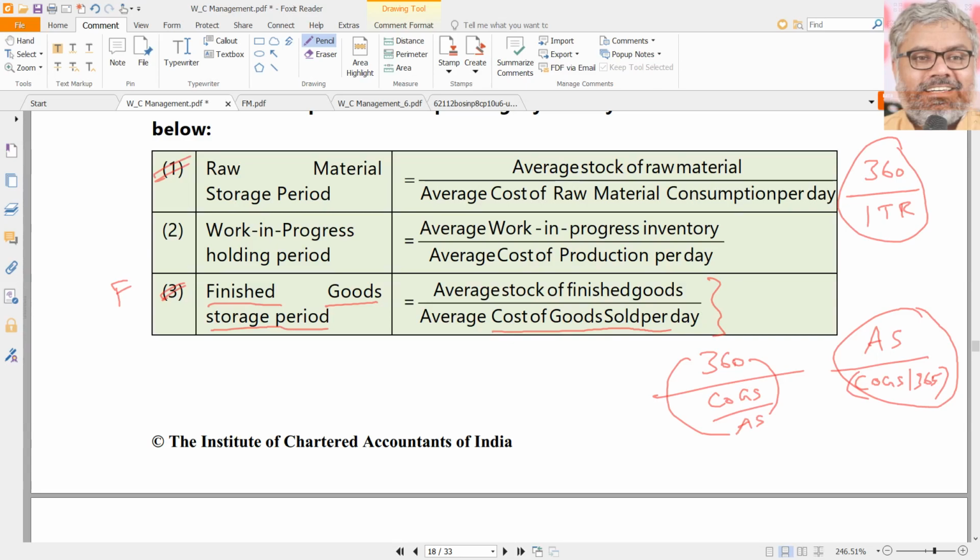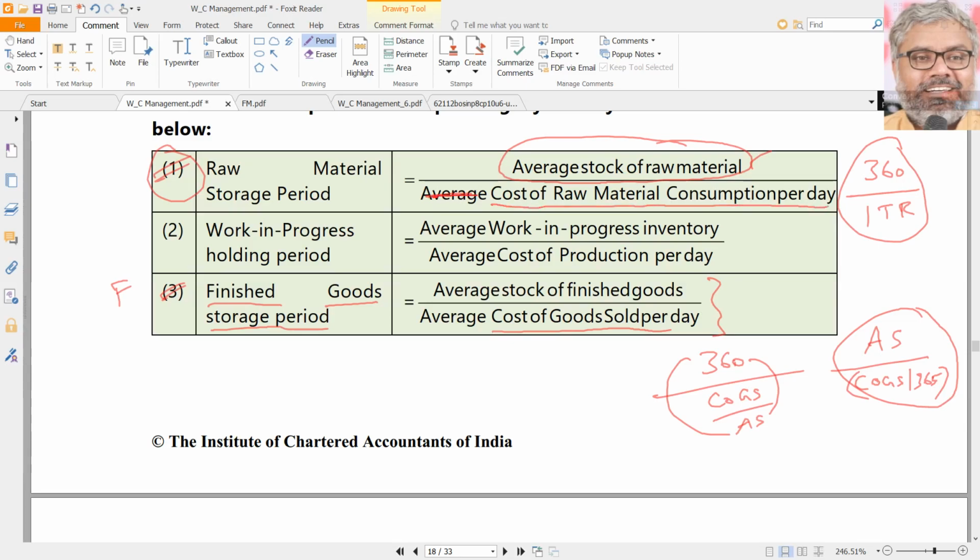Same logic if you apply to raw materials. The numerator is the same, but now average stock of what? Not average stock of finished goods. Here we are talking about the raw material storage period, which means average stock of raw material in the numerator, average only, divided by what? Cost of the raw material consumption per day.